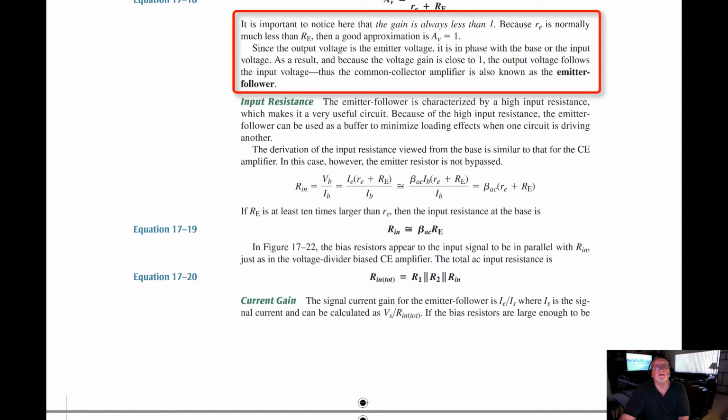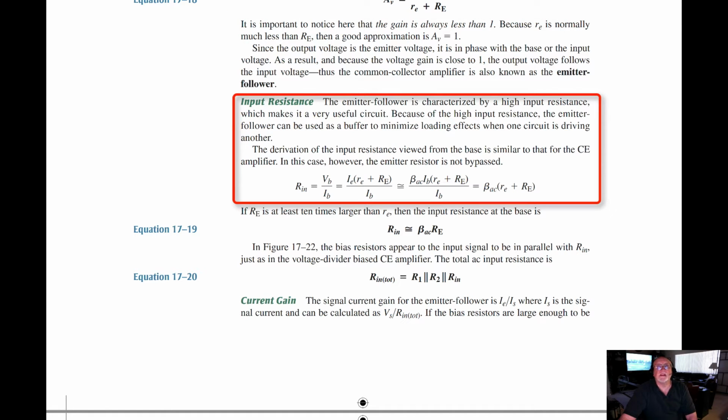And because the voltage gain is close to 1, the output voltage follows the input voltage. Thus, the common collector amplifier is known as the emitter follower. Again, let's read that again. The output voltage follows the input voltage, making it known as the emitter follower.